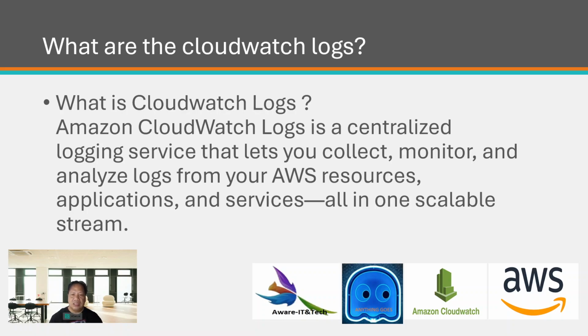And it lets you collect, monitor, and analyze logs from your AWS resources, applications, and services all in one scalable stream. So those logging systems that we have on-prem are separate logging systems. It's consolidated in the cloud, known as CloudWatch.